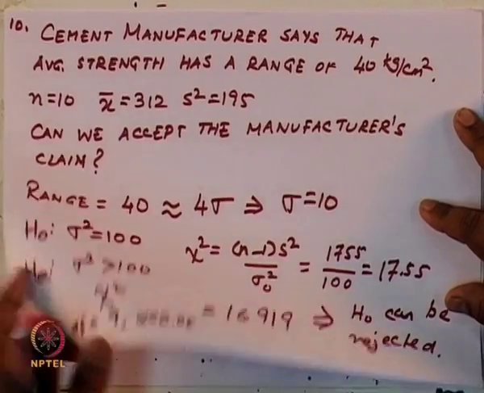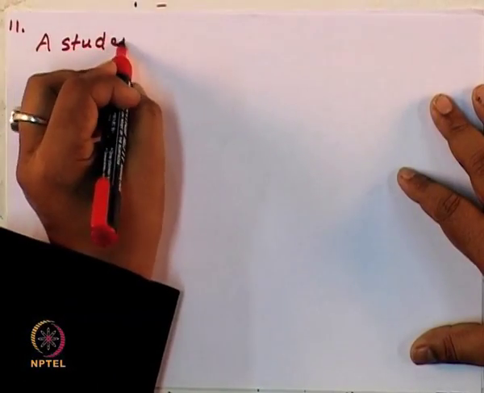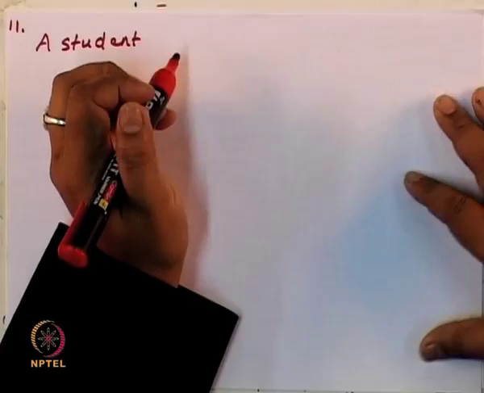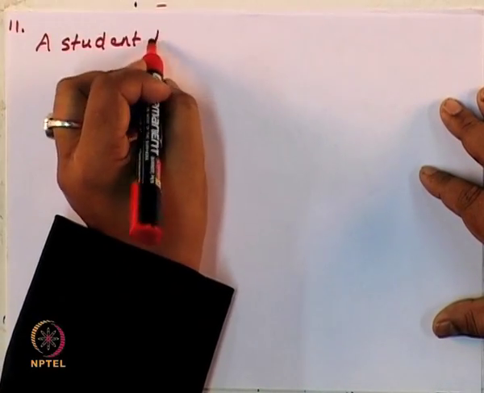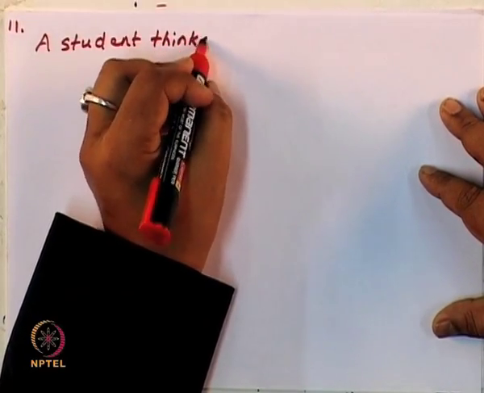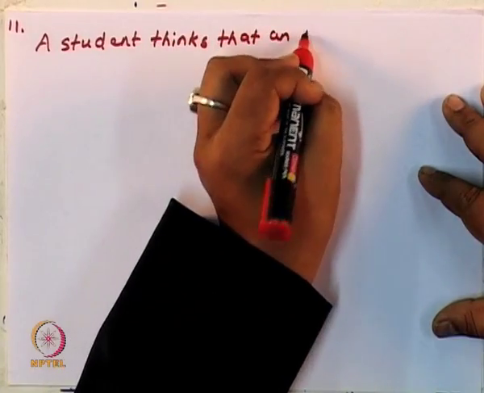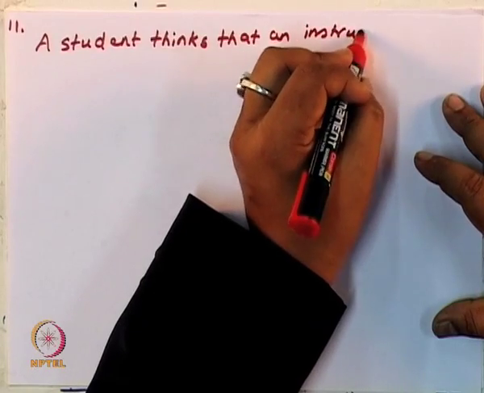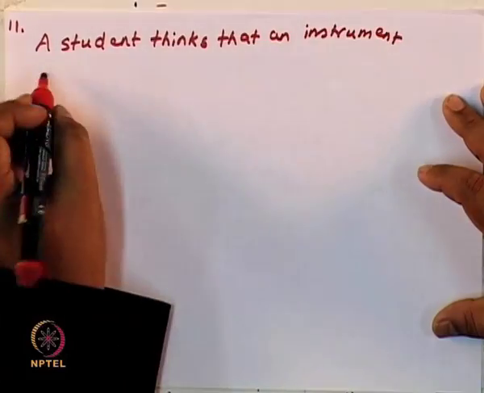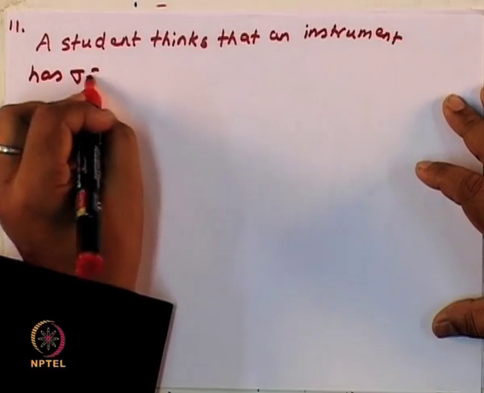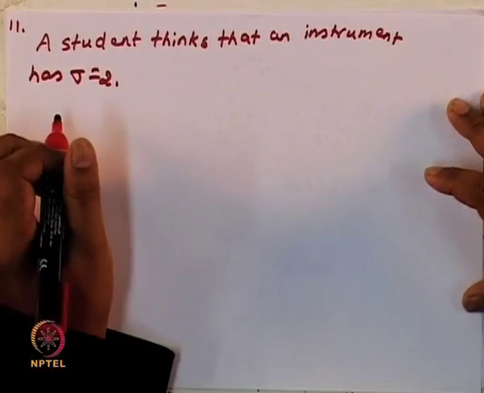Okay. Let us take one more example. Okay. So, a student thinks that an instrument has sigma equal to 2. Okay.